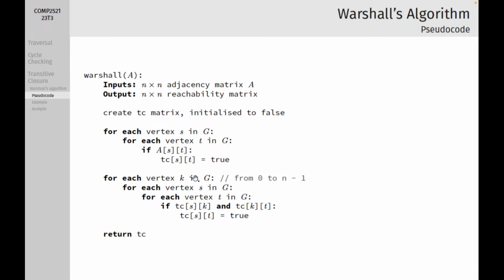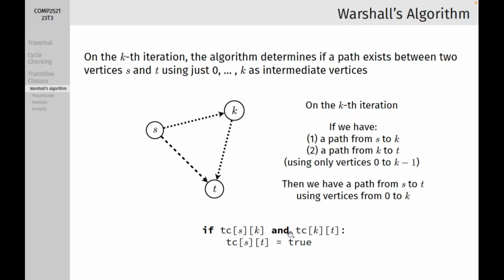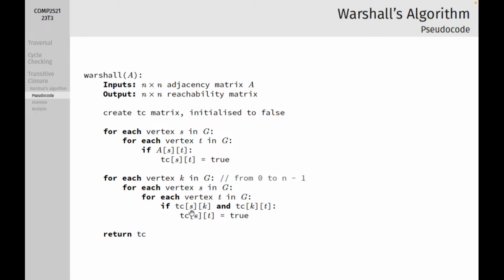For each vertex k in the graph, so from 0 to n minus 1, we check every pair of vertices S and T. So for each vertex S and for each vertex T, if there is a path from S to K and there is a path from K to T, then that means there is a path from S to T. So this is the if statement that I showed earlier.